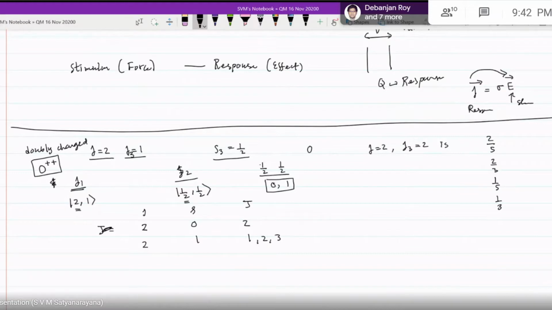Now the orbital angular momentum transferred is zero? Yes, sir, zero. Okay, that means the total angular momentum has to be equal to 3. That is one possibility and this is one possibility.